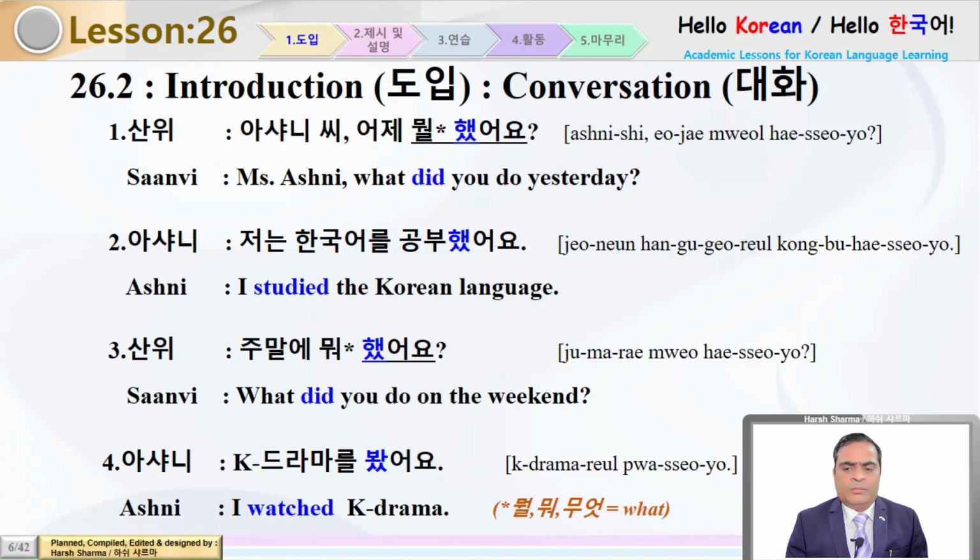Are you repeating or not, 여러분? Please do the repetition practice. It is very important. And the last sentence is K-드라마를 봤어요. Can you do the repetition once again? Okay, let's do it quickly. 아시니 씨, 어제 뭘 했어요? 저는 한국어를 공부했어요. 주말에 뭐 했어요? K-드라마를 봤어요. So now you have some idea which type of sentences we are going to learn today.